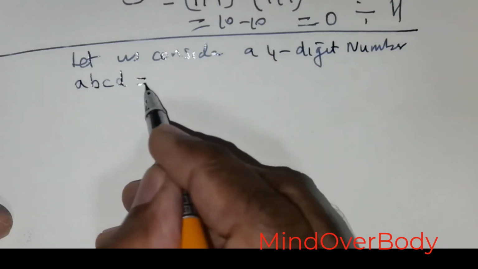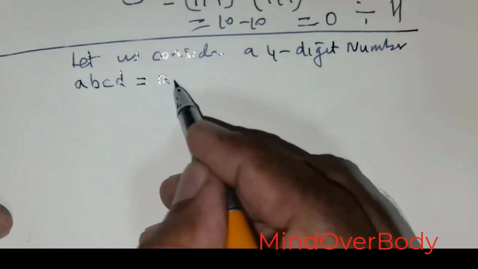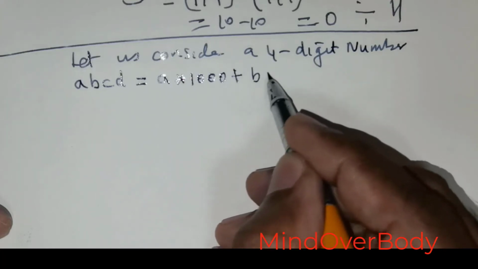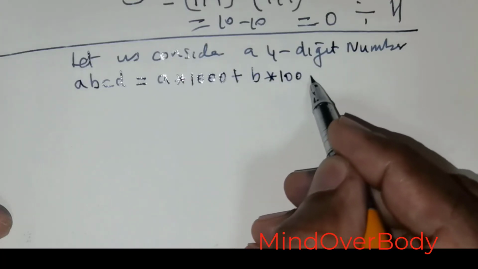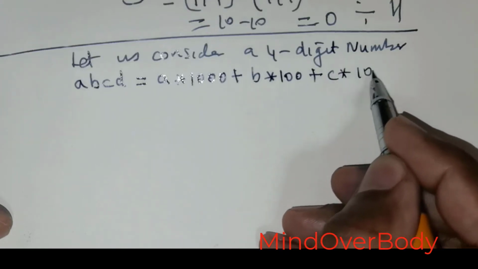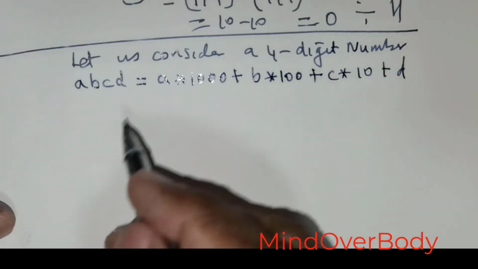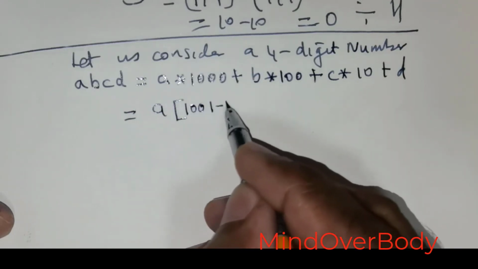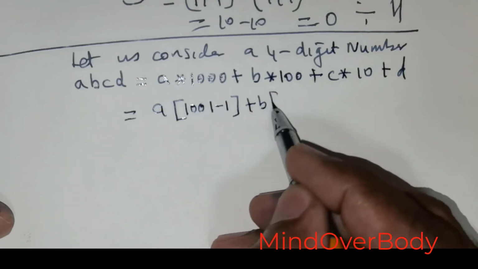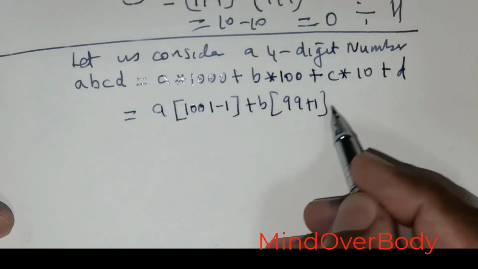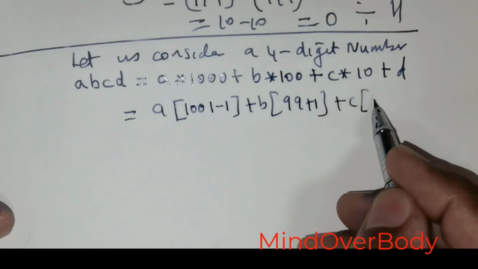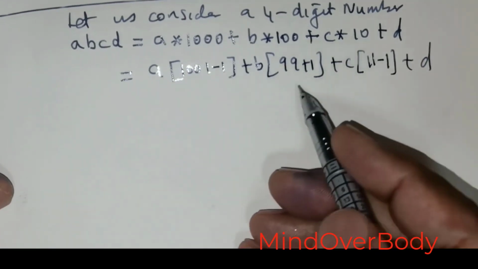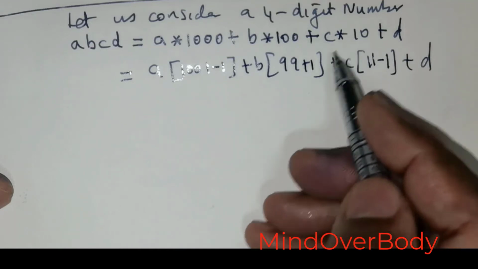Since this is a 4-digit number, I can rewrite this as A times 1000 plus B times 100 plus C times 10 plus D. Now I can rewrite this as A times (1001 minus 1), positive B times (99 plus 1), positive C times (11 minus 1), positive D. I can do that because 99 plus 1 is 100, and 11 minus 1 is 10.